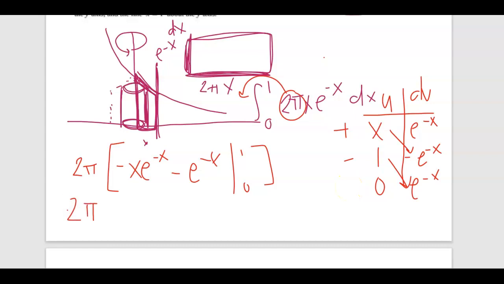So 2 pi, negative e to the negative 1 minus e to the negative 1, minus 0 minus e to the 0, which is 1.